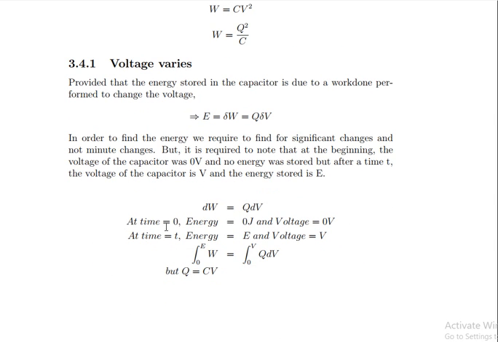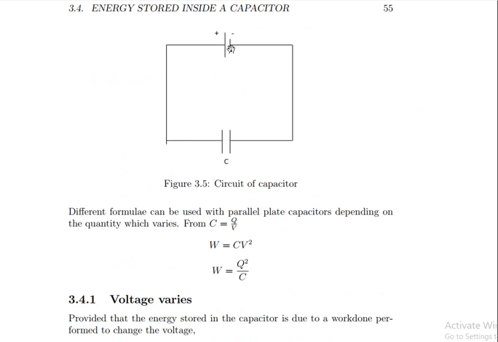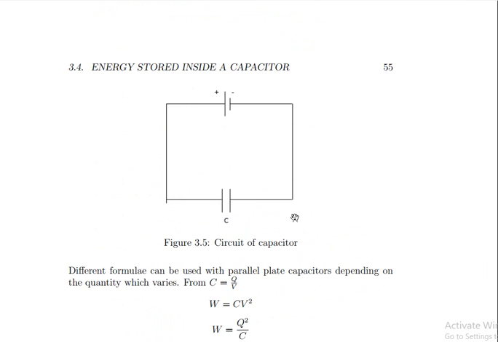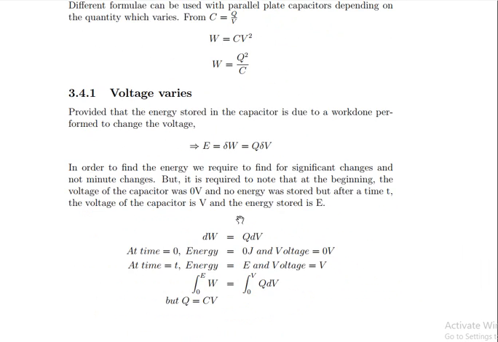Now we know that at time t equals 0, the energy is going to be 0 joules and the voltage is going to be 0 volts. So if in this circuit you connect the capacitor to the battery or the cell here, we realize that at the start, when the time is 0, the energy stored is going to be 0 and the voltage across the capacitor is going to also be 0.